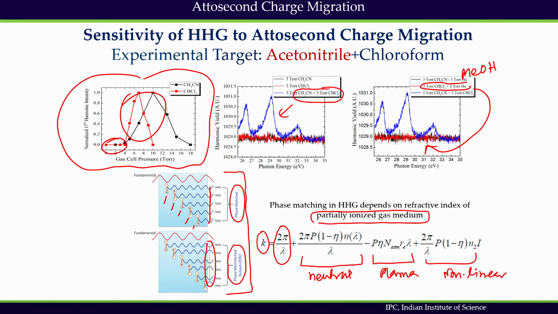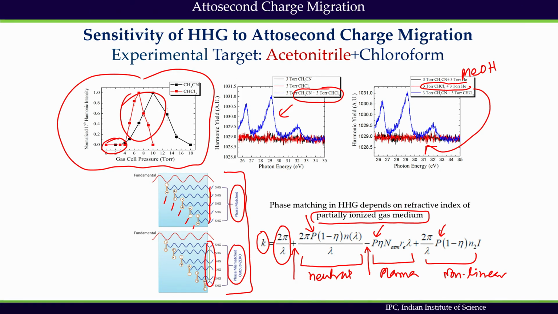Interestingly, we see that for each term I have P, P and P. P is nothing but the pressure, which means that pressure is going to contribute to the overall phase matching for this high harmonic generation. And we see that the plasma dispersion has a negative term, neutral dispersion has a positive term, which means they will act in opposite directions.